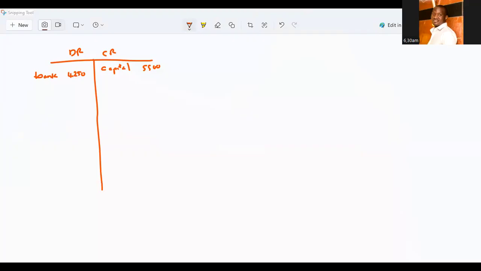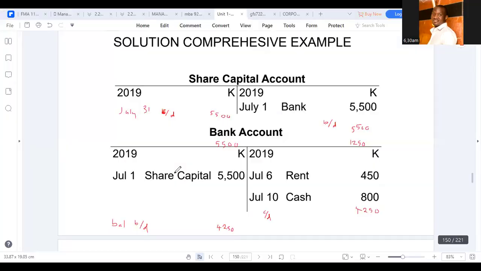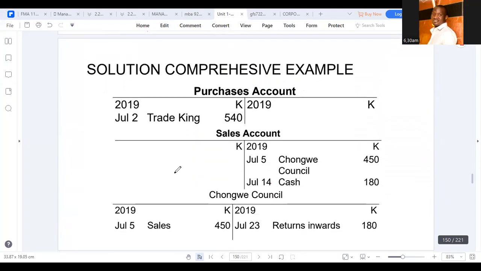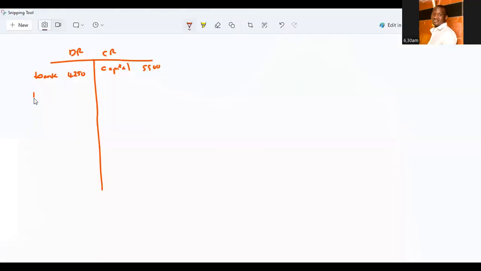So we're closing up these balances. Purchases, like I said, if you have one balance, it will obviously go the difference and come back to where it is. So our closing balance for purchases is what? 540. So on the debit side, purchases 540.